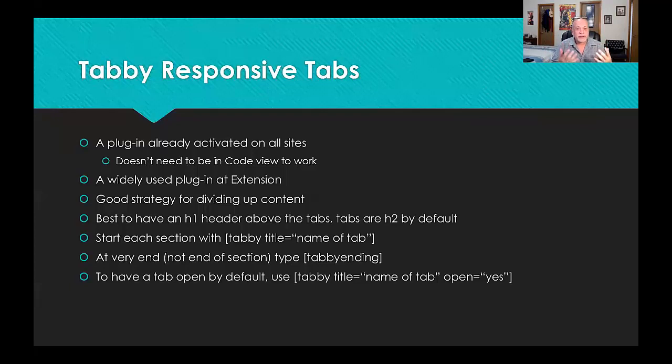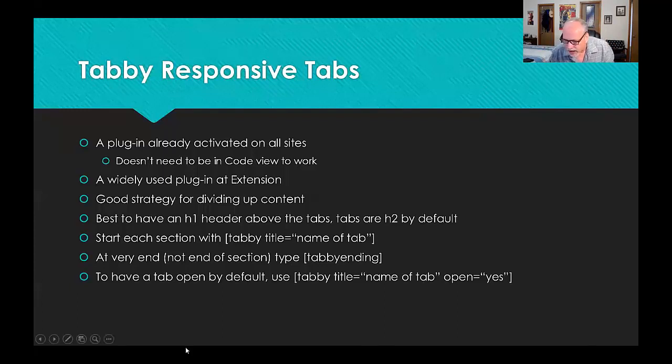Now to have a specific tab open by default, you add open equal and then yes in quotation marks to this line, and then it will automatically open first. So let's add some tabby responsive tabs to show you another option in terms of formatting a page and letting your end user know where your content is.